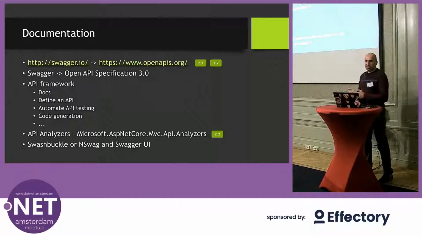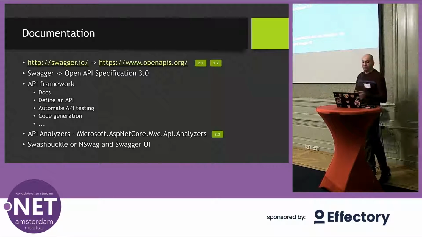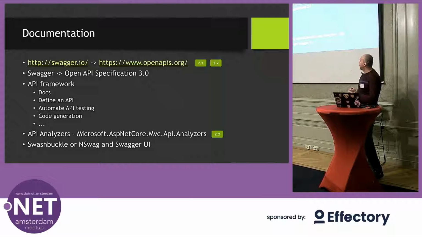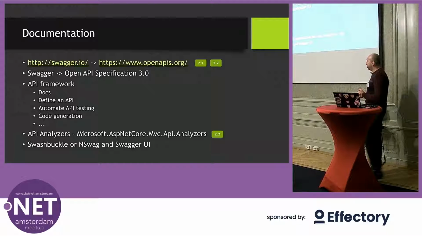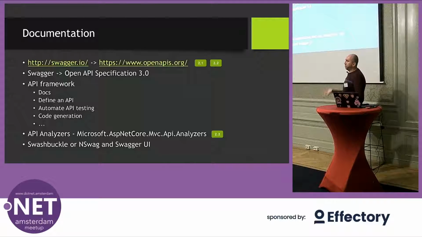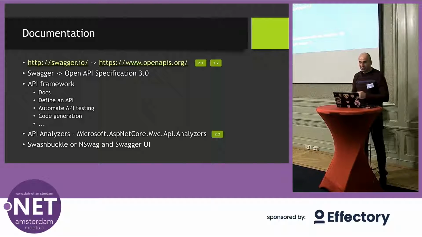For Swagger, to actually add it to your ASP.NET Core APIs, you'll use either Swashbuckle or NSwag. Those are the two most popular NuGet packages. And you'll use Swagger UI to just display the documentation for your API.